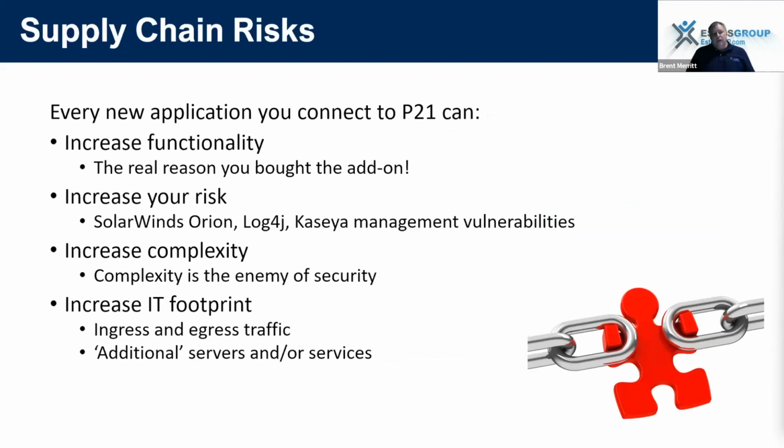In supply chain risk, every new application can increase functionality, but it can also increase your risk. It can increase the complexity and increase the IT footprint. If we were to go backwards from that, in the increased IT footprint, not only is that increasing your server, basically your equipment side of it, but it's also increasing your ingress and egress traffic going in and out.